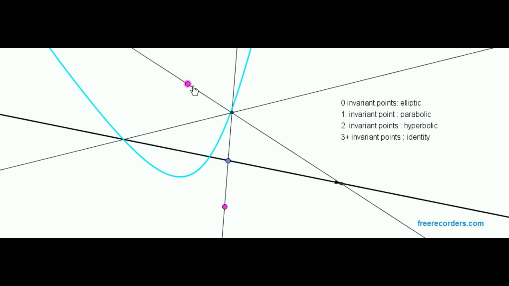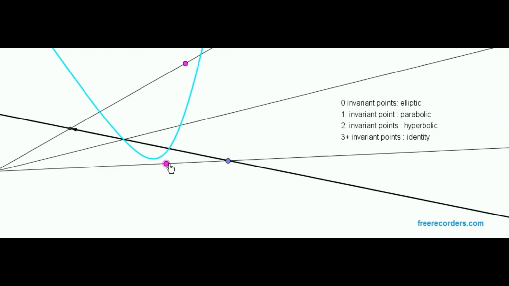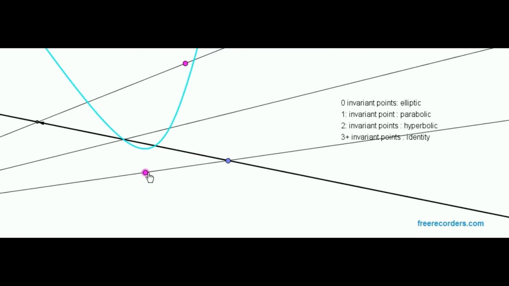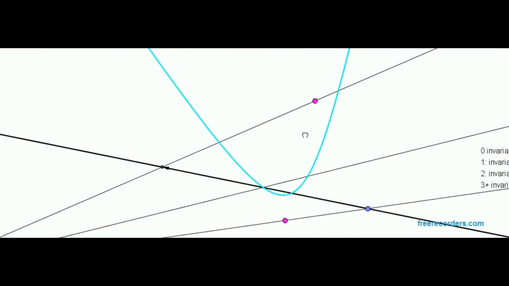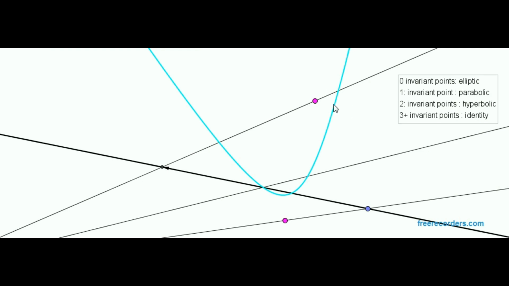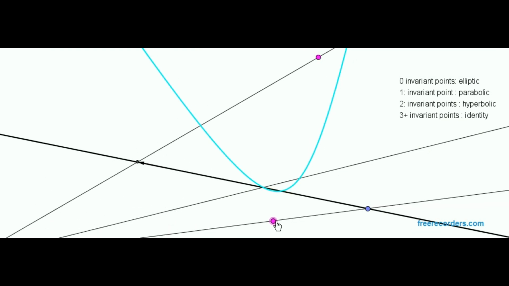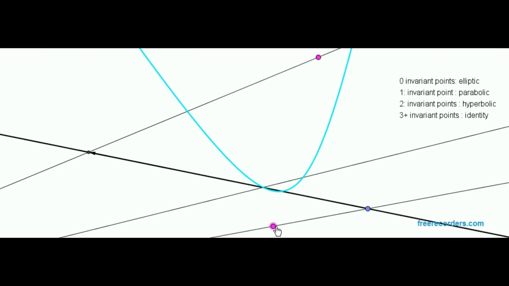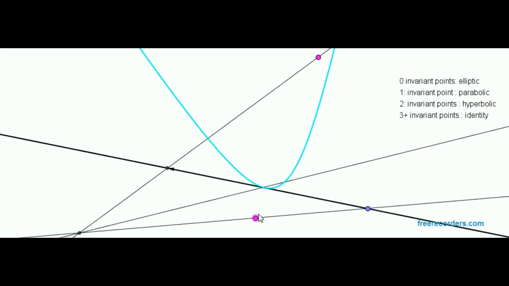Let's see if we can make one of those by varying the centres of perspective. It looks like there's only one fixed point in this projectivity. So that would make it a parabolic projectivity.